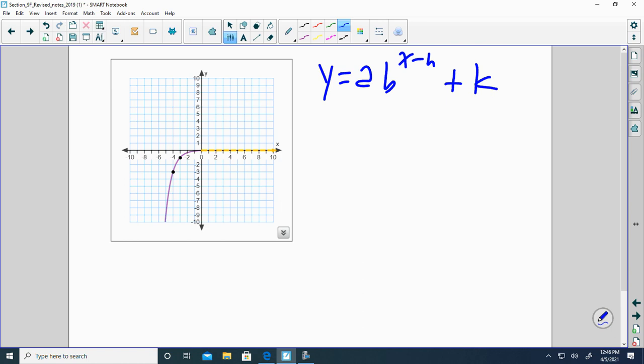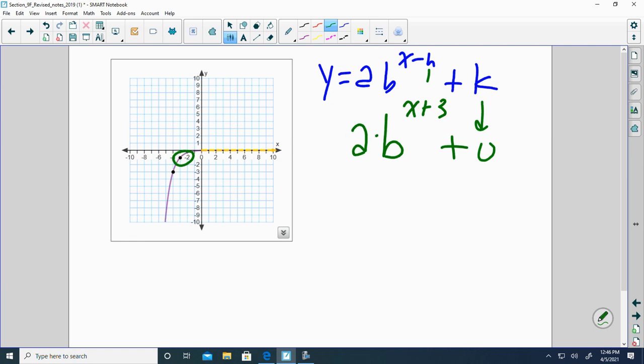Okay, my k value should be pretty easy. 0, okay. So that'll be a 0. My h value. Let's look here. It appears it shifted which direction? Left. So that means that's going to be x plus 3 with a base of b. We have plus 0.